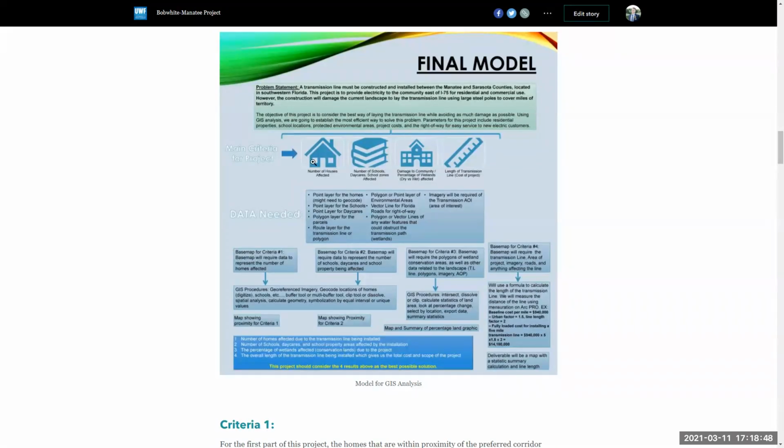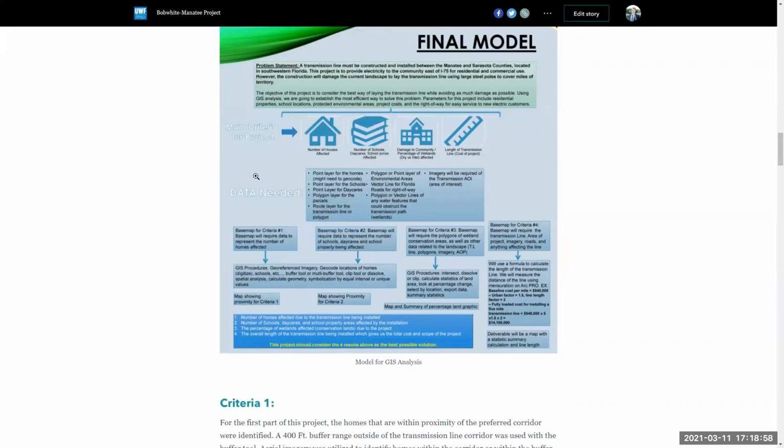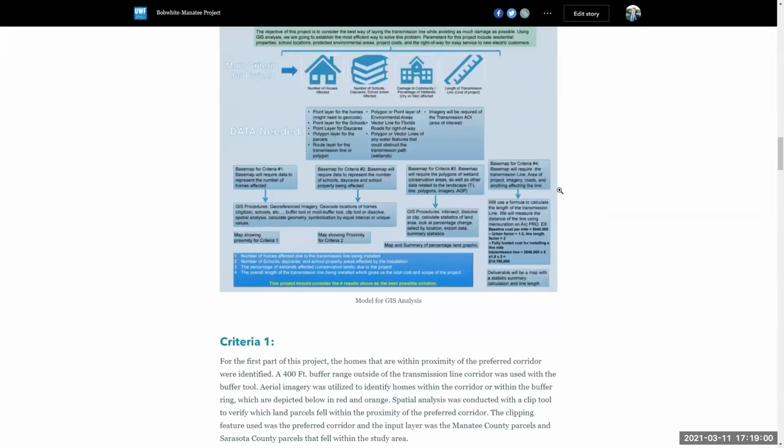We have our criteria I just stated above: homes, schools, daycares in proximity to this transmission line, damage to the community, environmental lands, etc. I list the different maps and deliverables that we're going to provide to help answer some of these questions, as well as the data involved. We're going to be using aerial imagery. We're going to use point layers, polygon layers, feature classes, shape files, tables, etc.